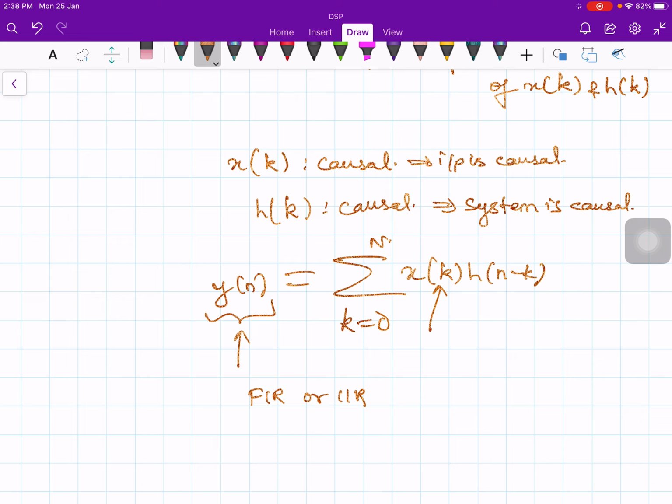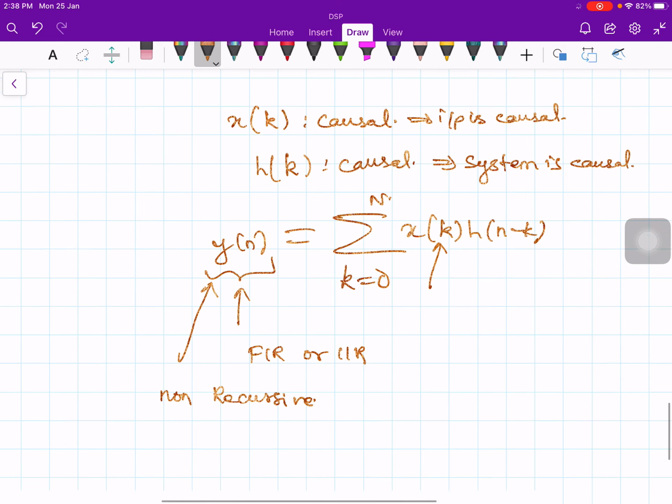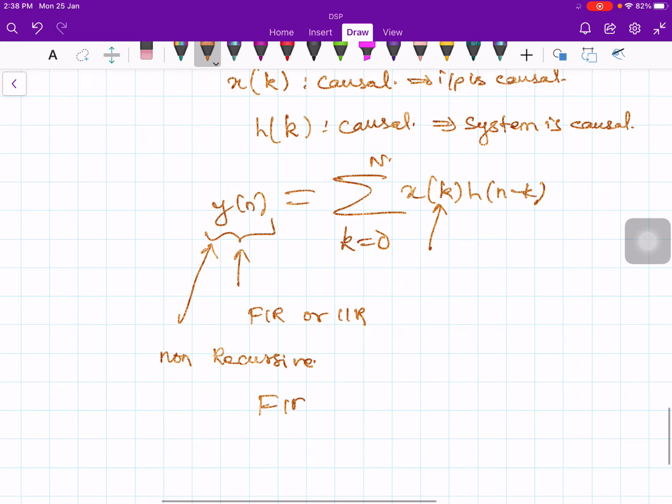We are not using any past values of the output here, and therefore this computation is non-recursive. Therefore, FIR filters can be computed non-recursively.